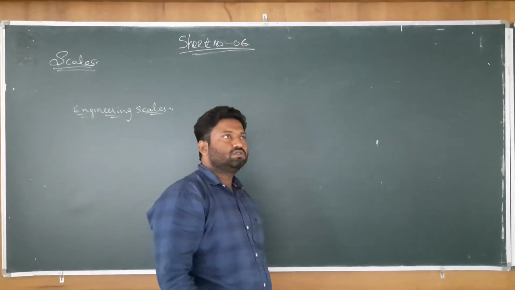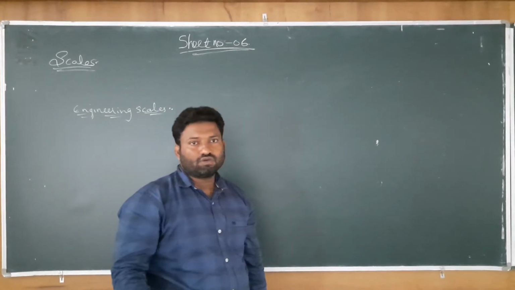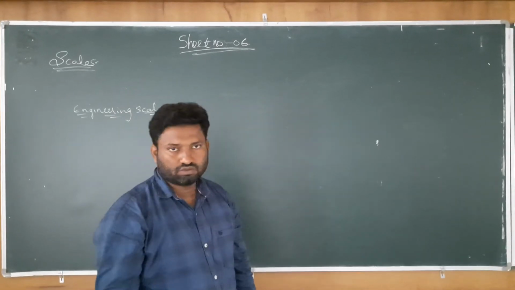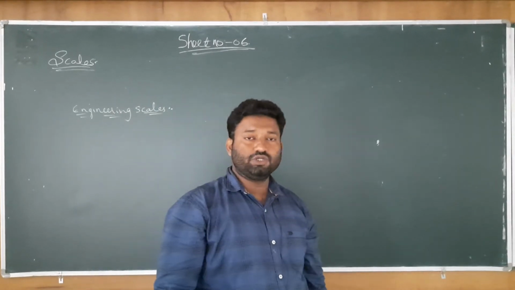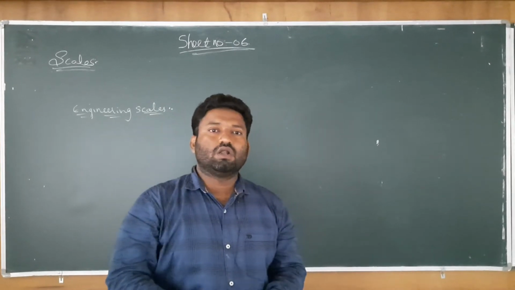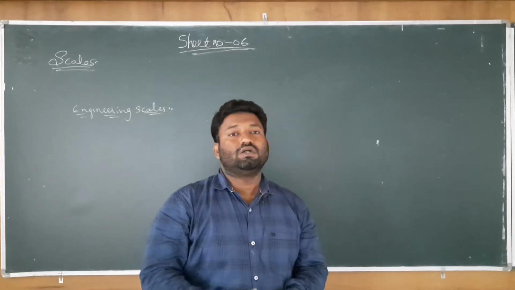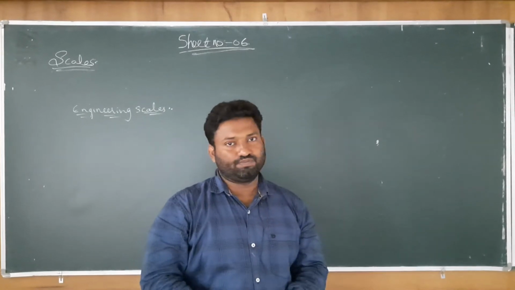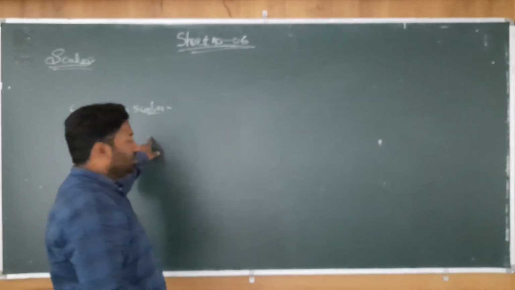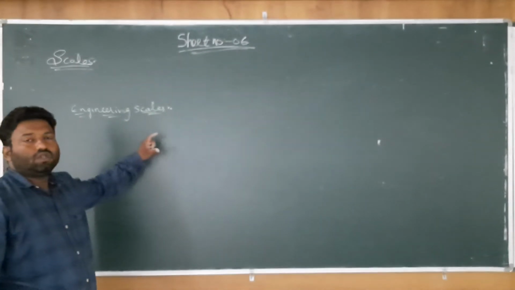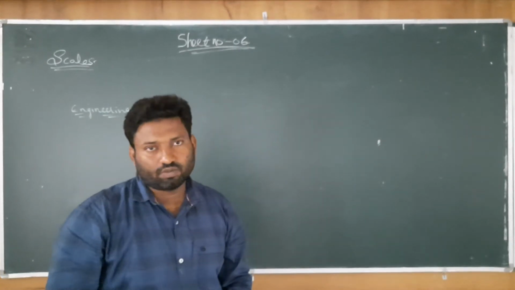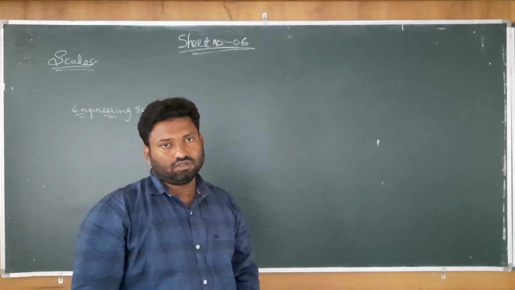Suppose the dimensions of an object are the actual dimensions, we can give it the full ratio, or we can reduce the diagram of that actual size of the object, or else we can enlarge the dimension of an actual diagram or actual object. So, here in engineering scales we can make modifications or changes as per our requirement in the drawing.